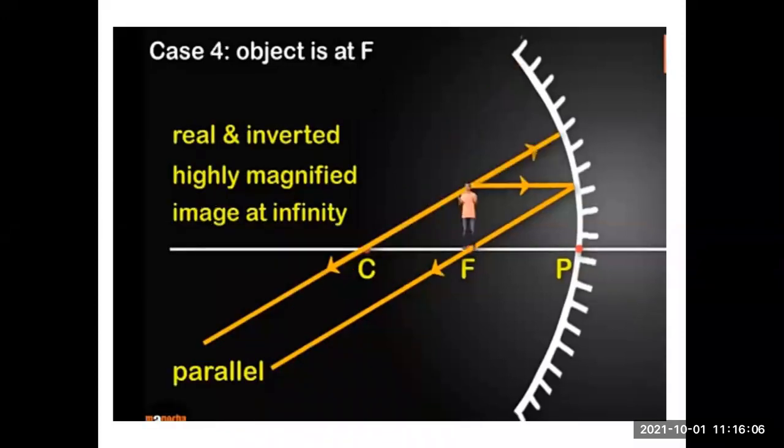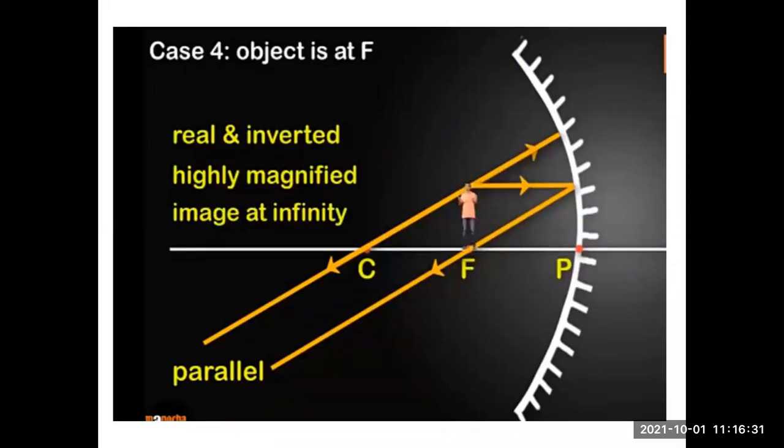Now this is our case 4. You can find the object placed on F, that is principal focus. Two incident rays are falling on the spherical mirror. You can see the reflected rays, the arrows passing from the spherical mirror. Again apply our rules.